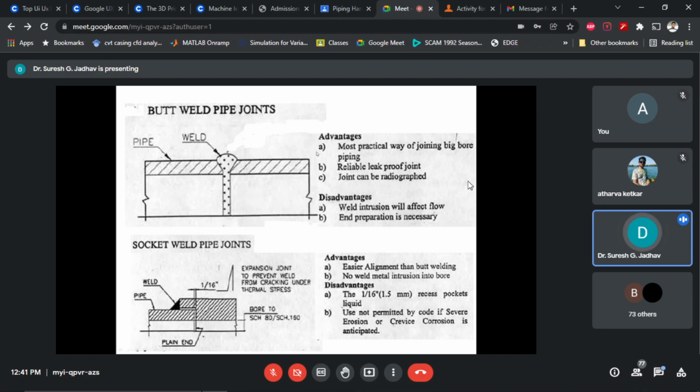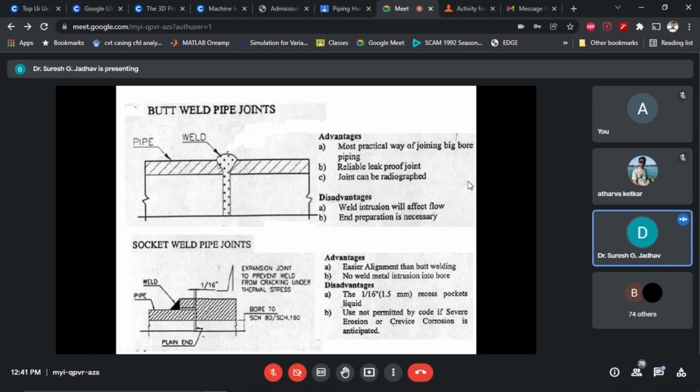Here, big bore piping means the pipe dimension is 3.5 inch, and with butt weld we can avoid leaks. We consider the butt weld pipe joints, and that kind of joint is easily radiographed.